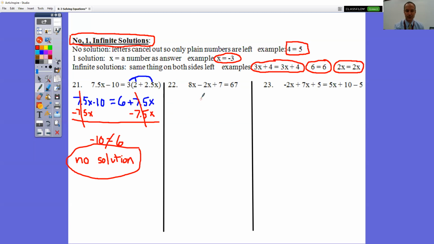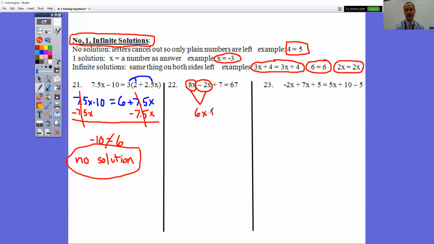In number 22, we don't have any distributive property. We don't have any parentheses, but we have letters on the same side of the equal sign. So what we want to do here first is add together our like terms. 8x plus negative 2x is 6x.